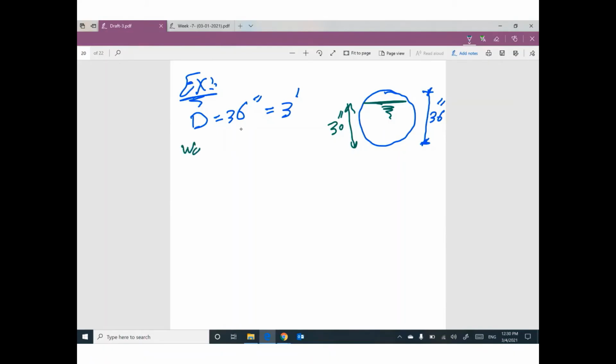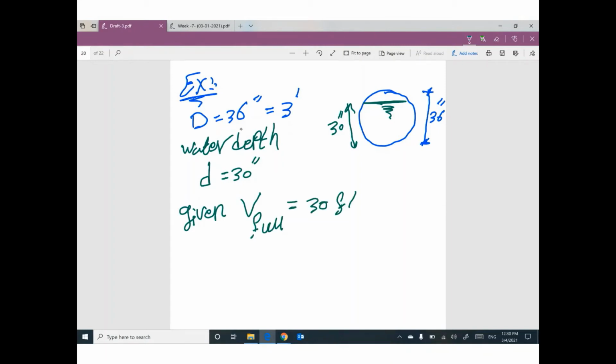The water depth, which is d, equals 30 inch. Given velocity V for this pipe, if it's full, equals 30 feet per second. Can you tell me what is the velocity of this pipe when it's partially full?